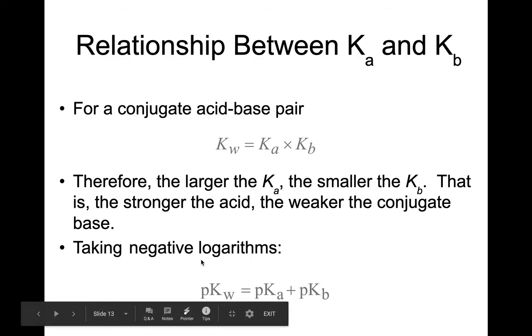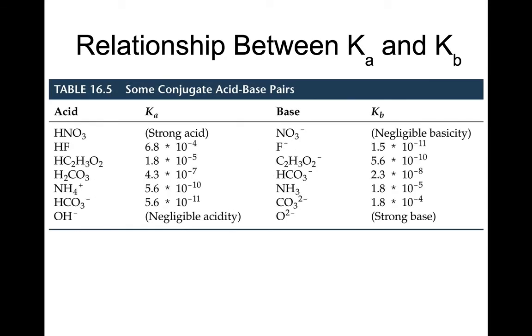Another way to express this is by taking the negative logarithms of both, so having our pKw is equal to our pKa plus our pKb. And here's just a table to demonstrate that principle at work. As you can see, if we've got a strong acid, in this case HNO3, the conjugate base is negligible.